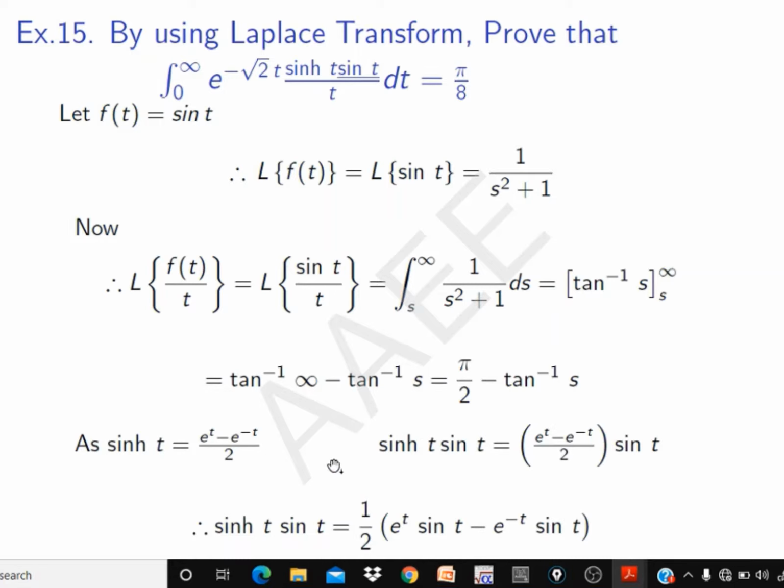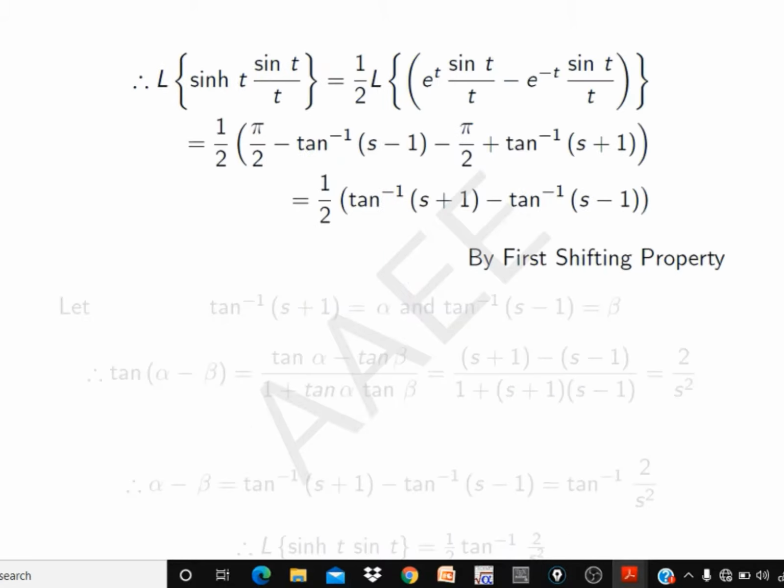As hyperbolic sine of t is e raised to t minus e raised to minus t by 2, let us put this exponential here only. So that will be e raised to t minus e raised to minus t by 2 times sine of t, and this can be written as 1 upon 2 into e raised to t sine of t minus e raised to minus t sine of t.